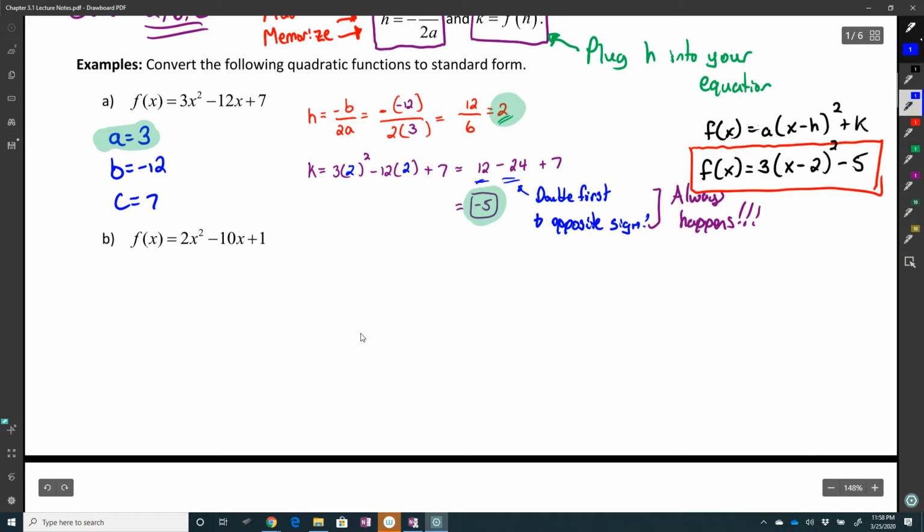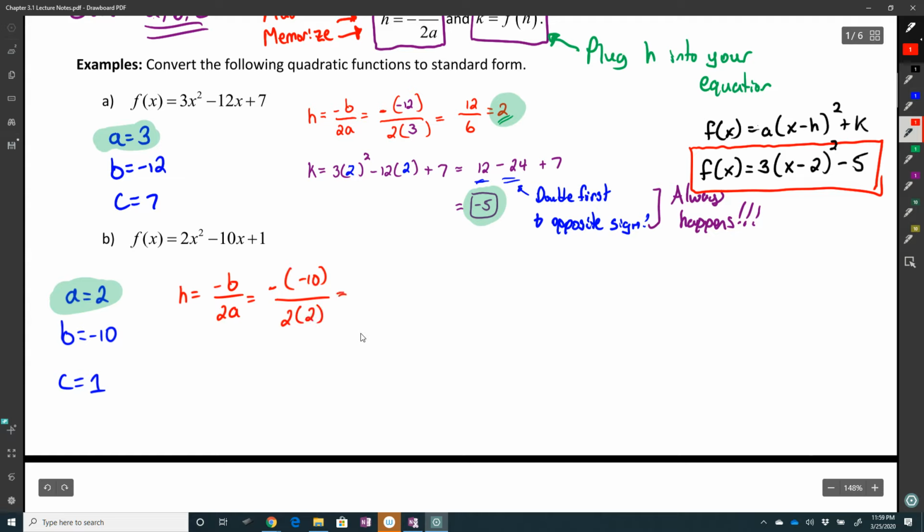Again, we know that A is 3. Sorry, wrong problem. A is 2. B is negative 10. And C is 1. Again, they told me A, so I already have that. But now I can figure out the rest. So I know that H is negative B divided by 2A. So negative B is negative 10 over 2 times A. A happens to be 2.